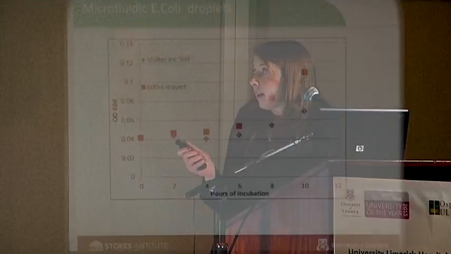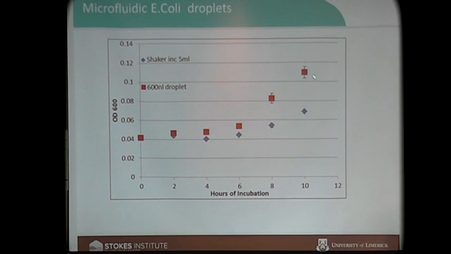What we also looked at was bacteria culture. So with bacterial resistance becoming more important, we want to see how bacteria would actually react in these droplets. So we took E. coli culture and we cultured it in its typical way in an orbital shaker flask and compared this to a 600 nanoliter droplet. You'll see here that we get a response from both, but they both grow.